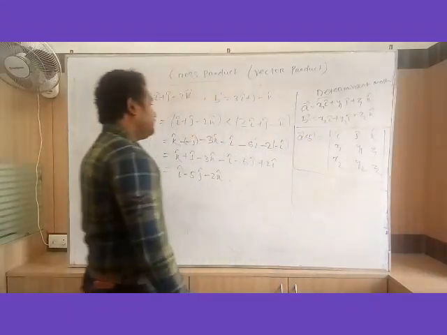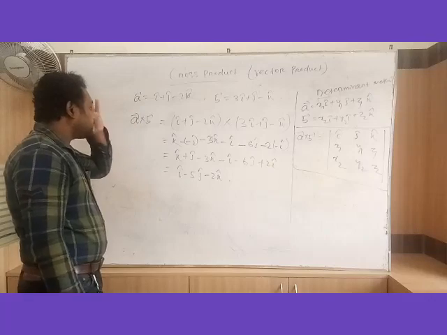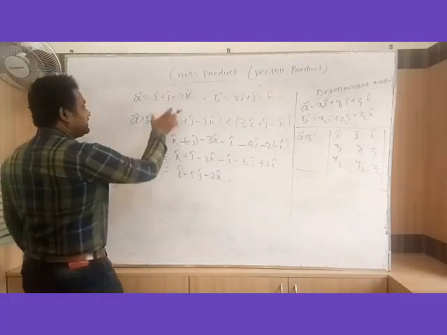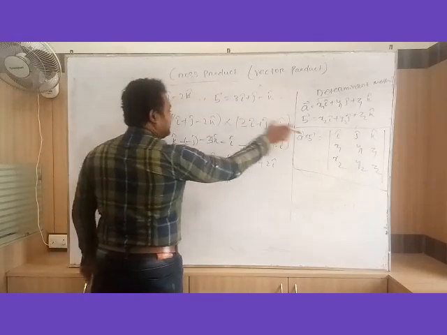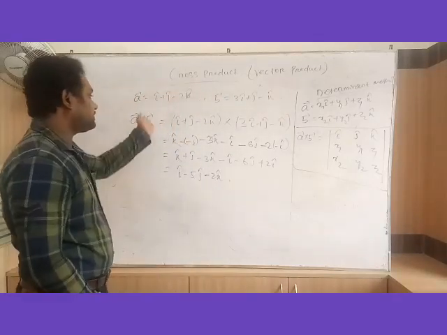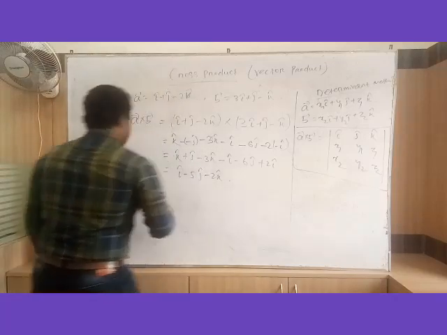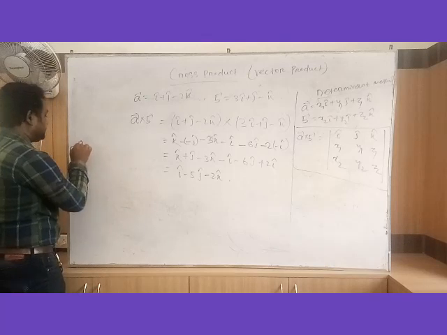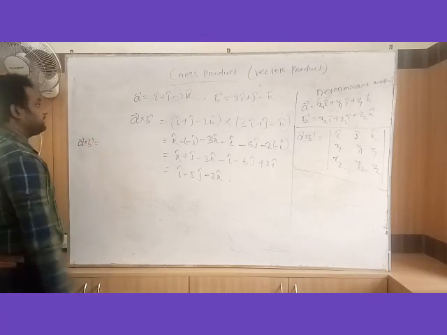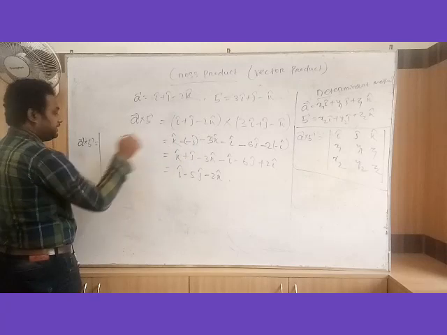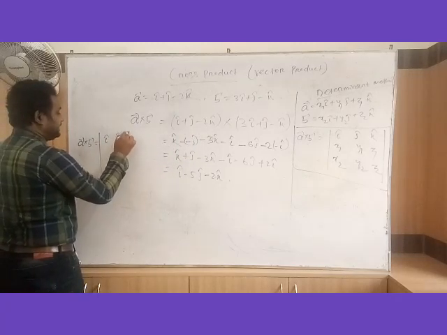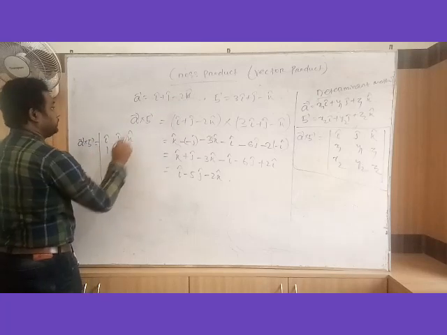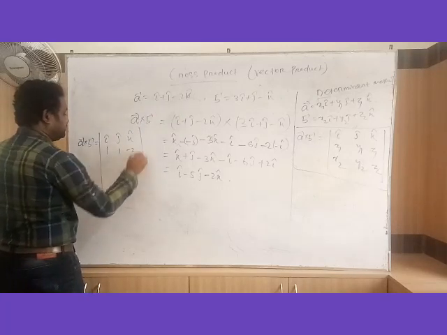Okay, so now we have to just check whether this formula is working or not. Now put the values of A vector and B vector here and test whether this is correct or not. Take A vector cross B vector equals, the formula is i, j, k. A vector coefficients of i, j, k are 1, 1 and -2.